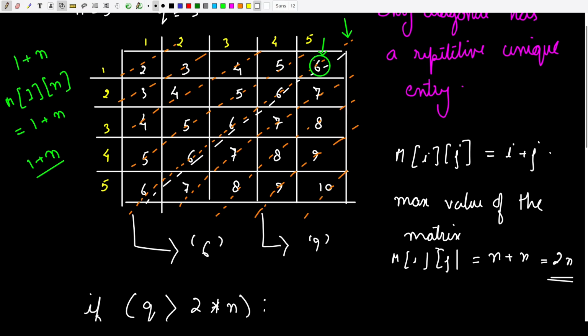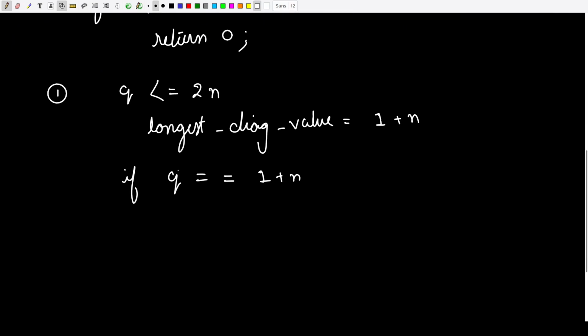And since in the matrix this is the longest diagonal, the number of elements this diagonal will have is n, right? The number of cells the longest diagonal will have is n. So for this case, we can simply return n.